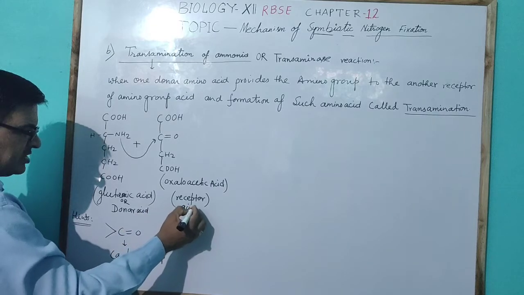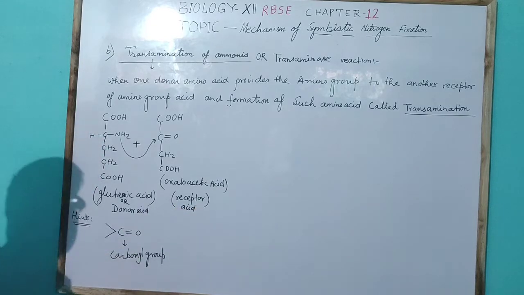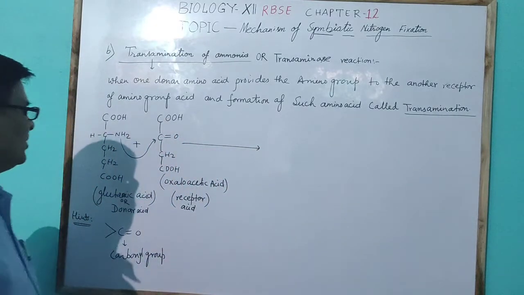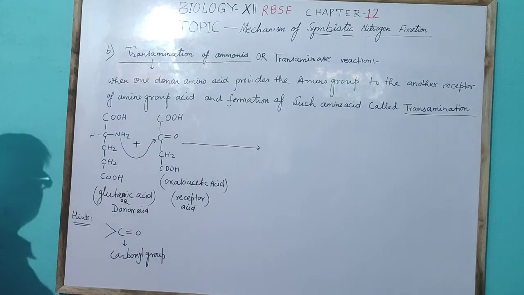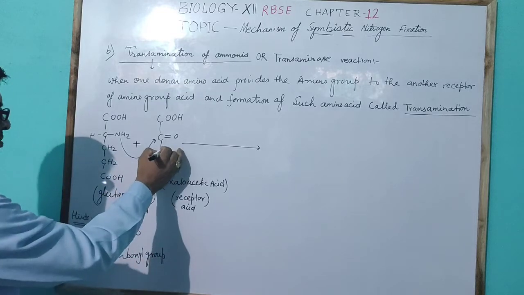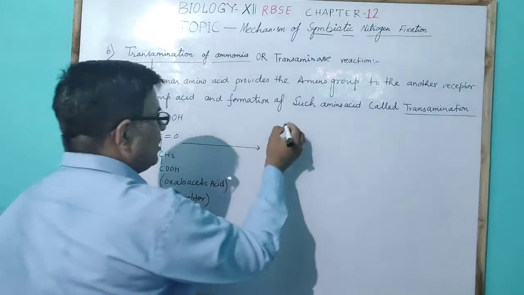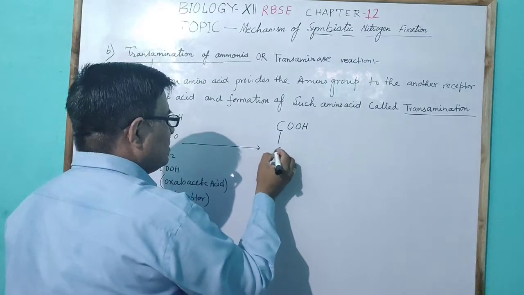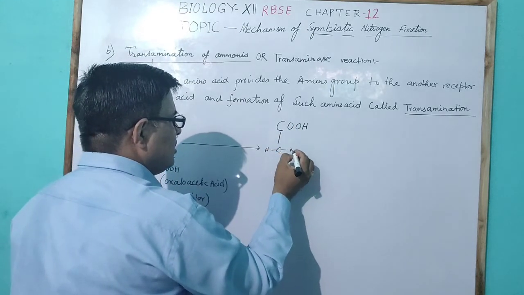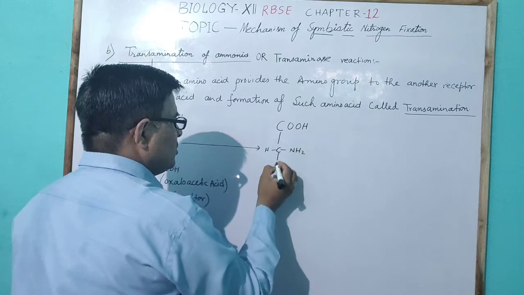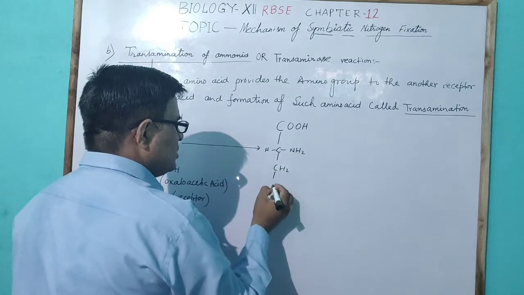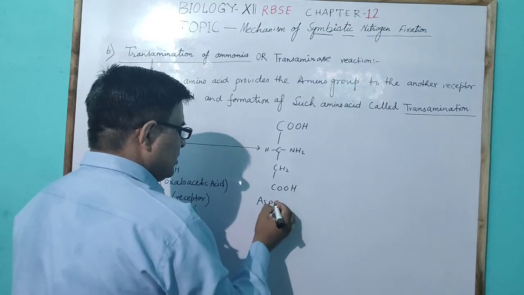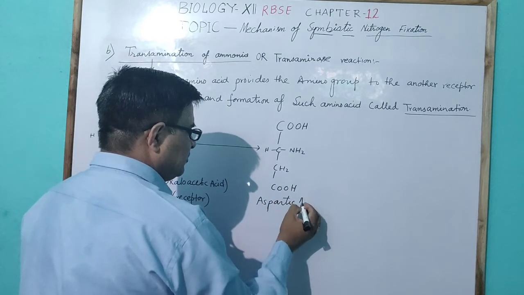Here two types of acid take part in the reaction. After this, the change occurs, resulting in the formation of COOH, CH, NH2, CH2, COOH. This is called aspartic acid.